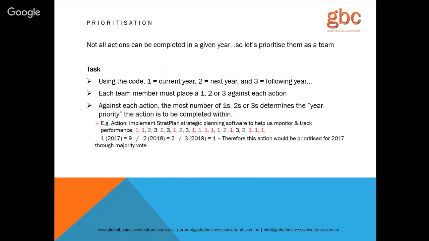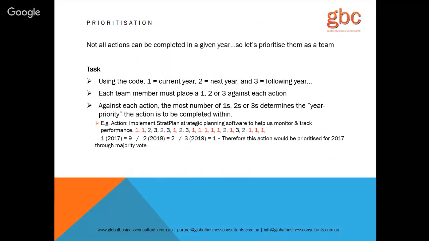So each member of the team gets to get off his seat, use a marker pen, and against each action, put in what he believes is the priority. So if he believes that it is high priority and it should be done in 2017, he should place a number 1 next to it. If he believes another action is a medium priority, he should place a 2 next to it.